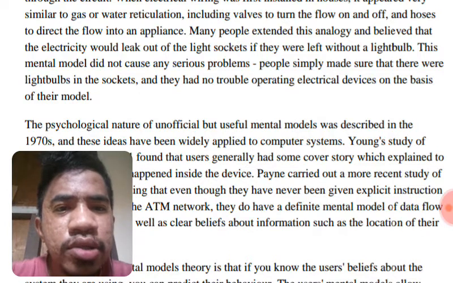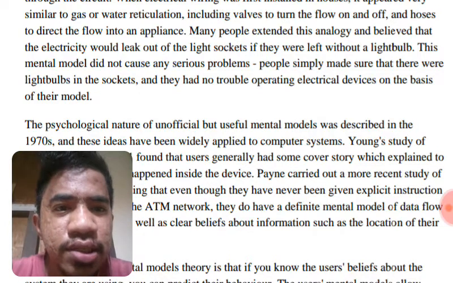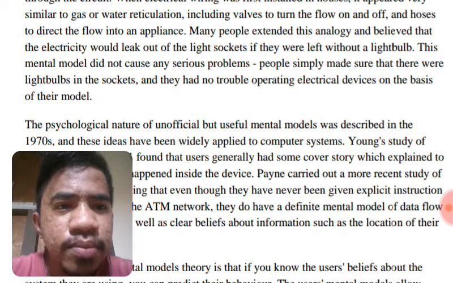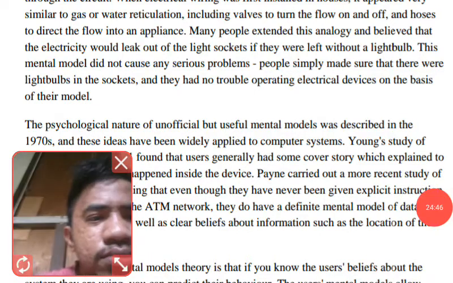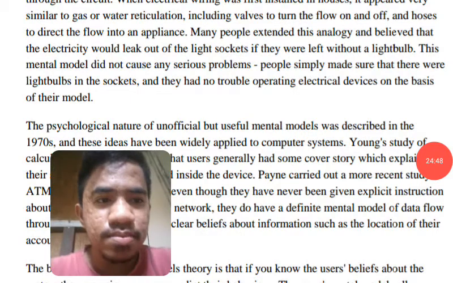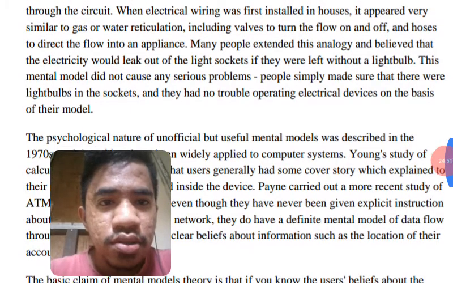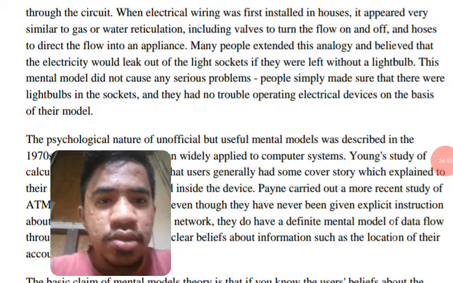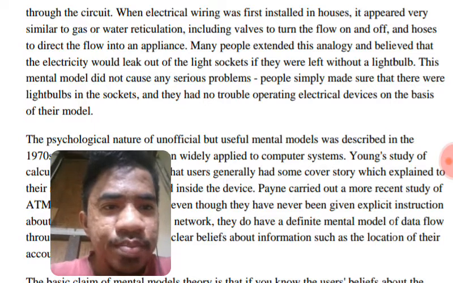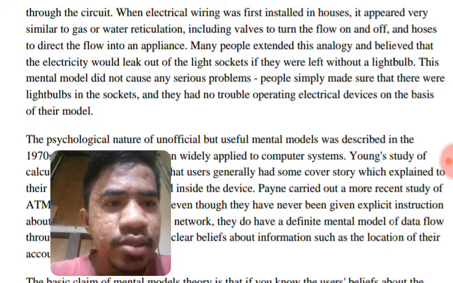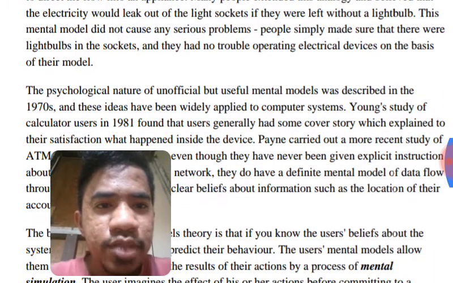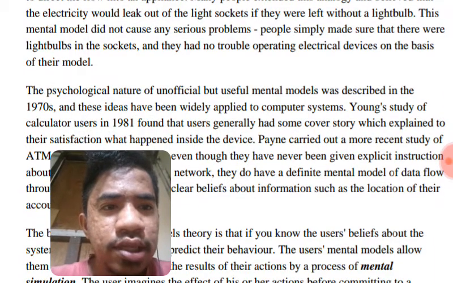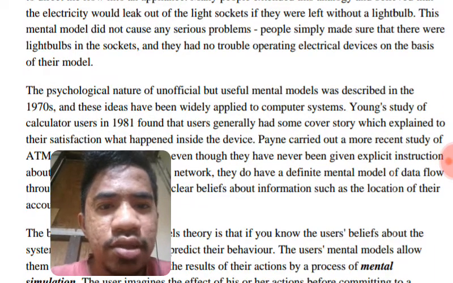This mental model did not cause any serious problem. People simply made sure that there were light bulbs in the sockets, and they had no trouble operating electrical devices on the basis of their model.